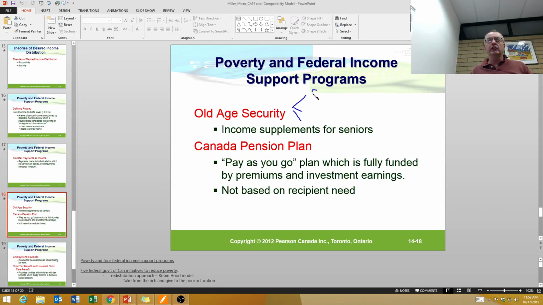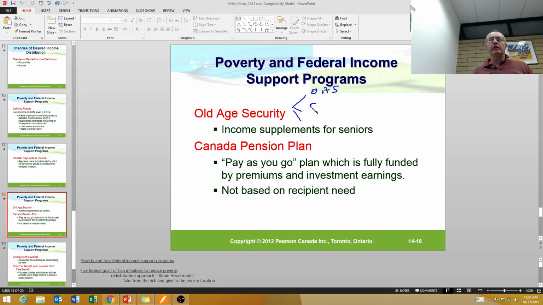One is actually called old age security. The amount that the recipient receives depends on how long the person has been a resident of Canada, and it's indexed to the CPI, which is the Consumer Price Index, and it's adjusted 4 times a year.